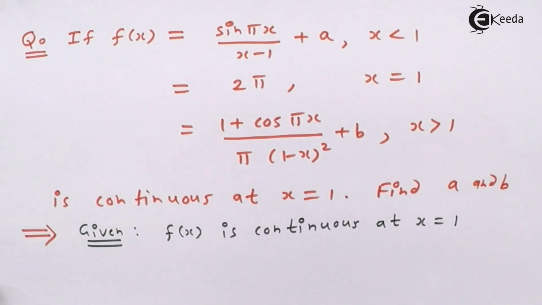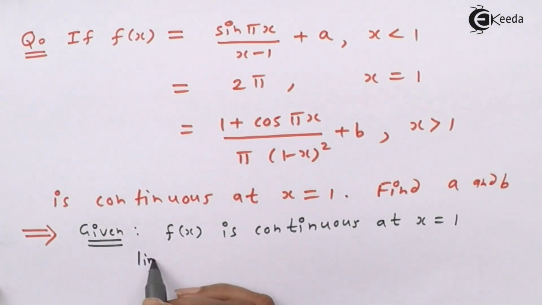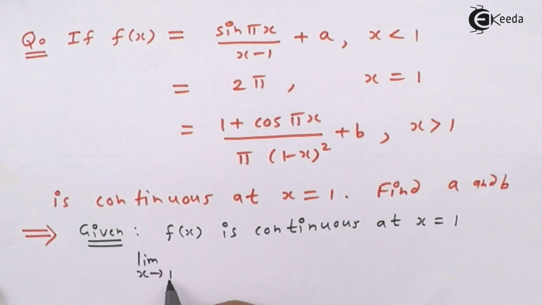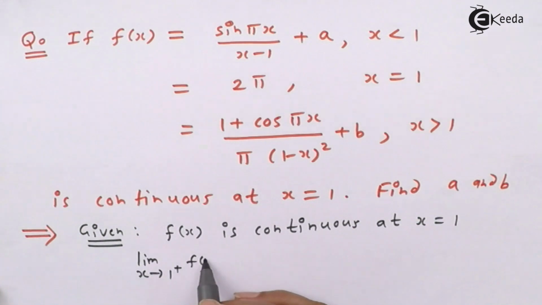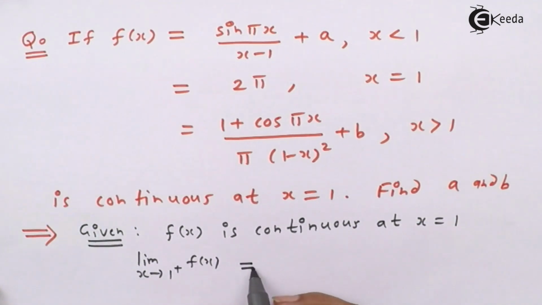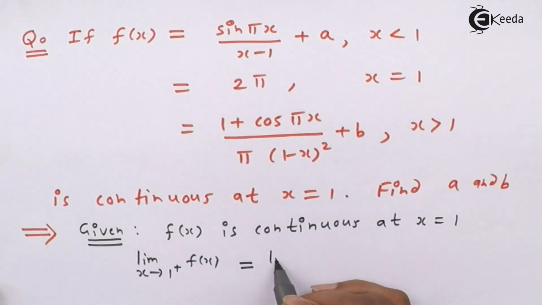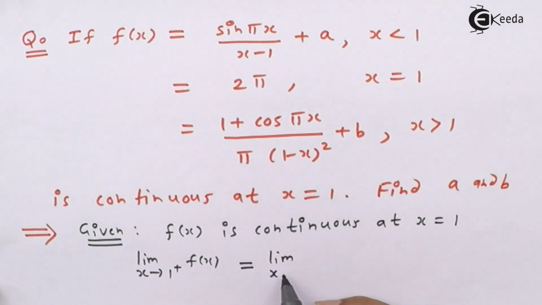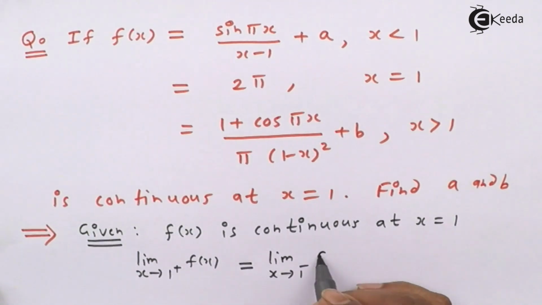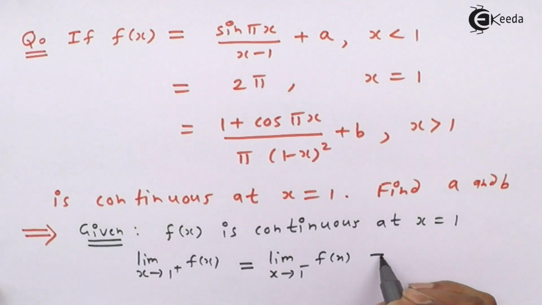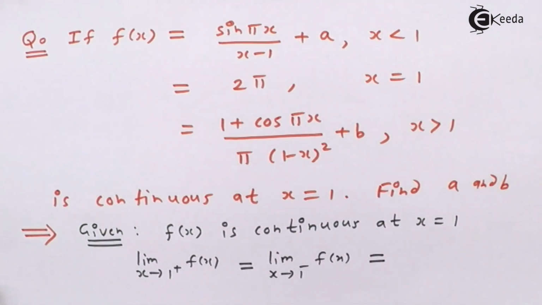Therefore, by using the definition of continuity, we have limit x tends to 1 plus f(x) is equal to limit x tends to 1 minus f(x) is equal to f of 1.